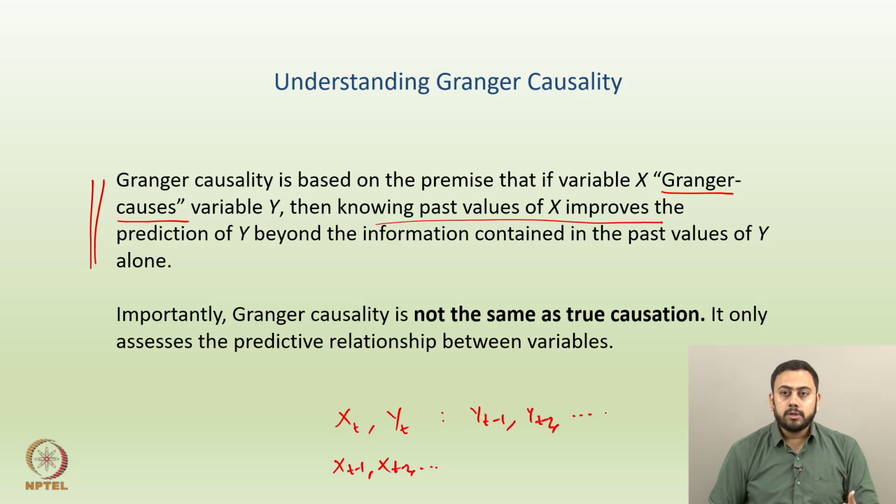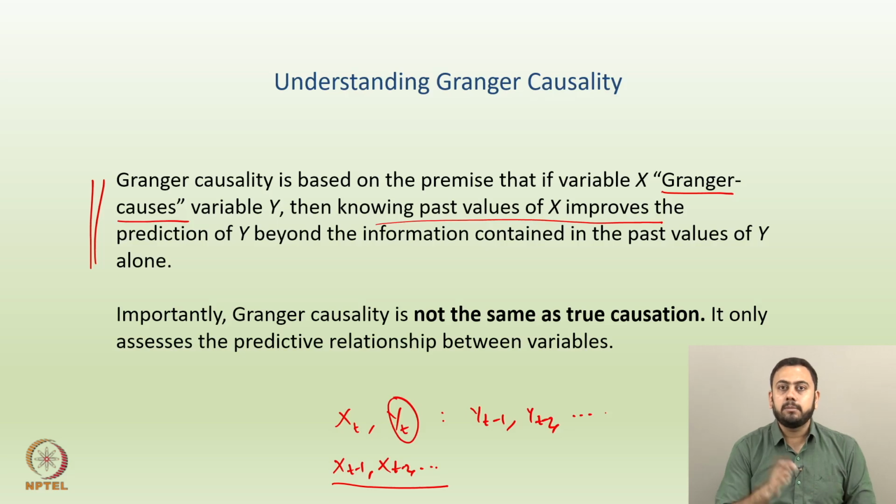So if it turns out that xt Granger causes variable yt, or there is some causality between xt and yt, then knowing all the past values of x, for example xt minus 1, xt minus 2, improves the prediction of y. Remember one thing, the focus here is to predict y, which is as usual in any regression assumption we make.